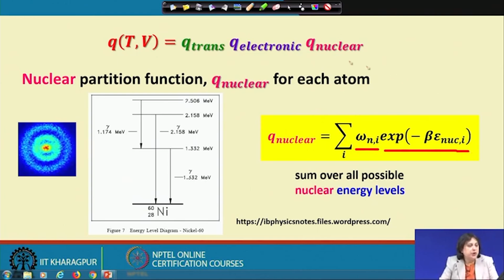So, at this point, we have the ability to evaluate the single particle partition function, small q.